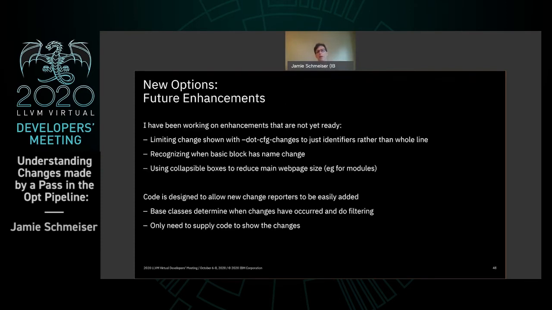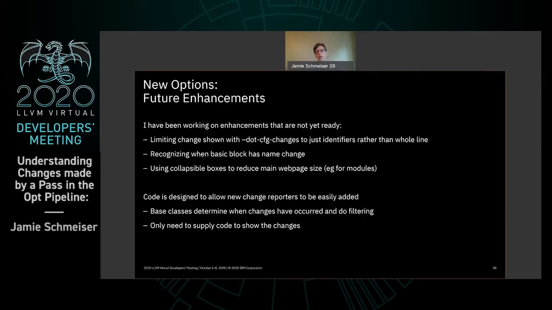I've been working on some enhancements that are not complete yet. One is recognizing that the name of a value has changed and just showing the colorized old and new names beside each other in the instruction rather than showing the entire lines in red and green. Other enhancements may include different website layout.